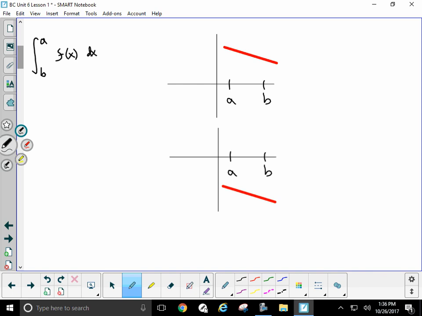This is read the integral from B to A. If B is to the right of A, I'm going from B to A, to the left. If I'm going to the right, we know that's in a positive x direction, right? If I'm going from B to A, I'm going to the left. Well, in this situation, yes, my f of x's are still positive, but now my dx's are negative.